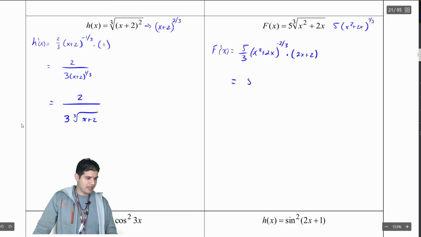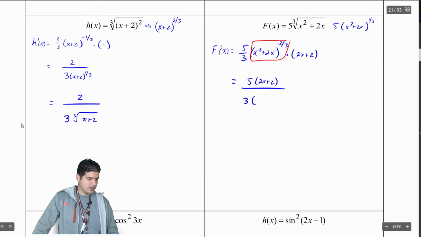So I'm going to get 5, and then this radical part is going to go into my denominator. So I'm going to have 5 times 2x plus 2. And then in my denominator, I'm going to have 3 times x squared plus 2x to the positive 2/3 now.